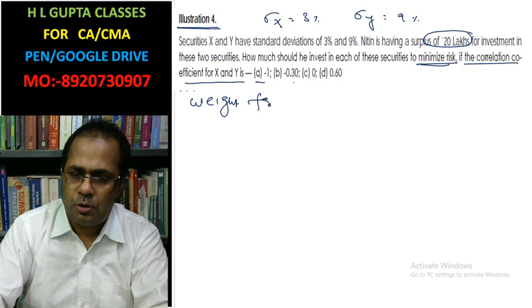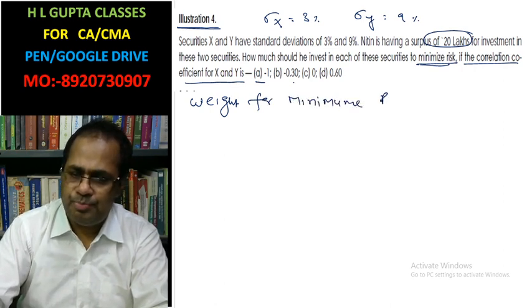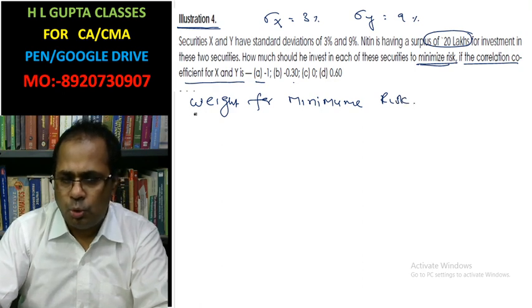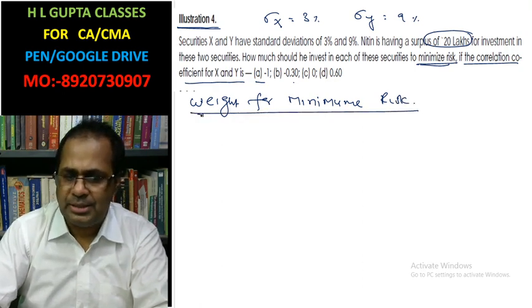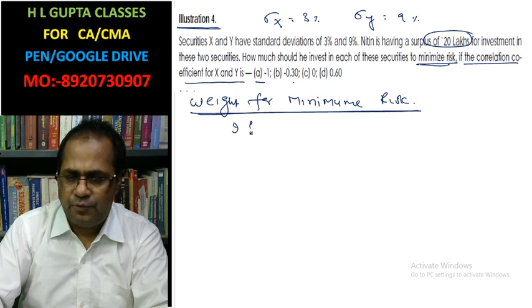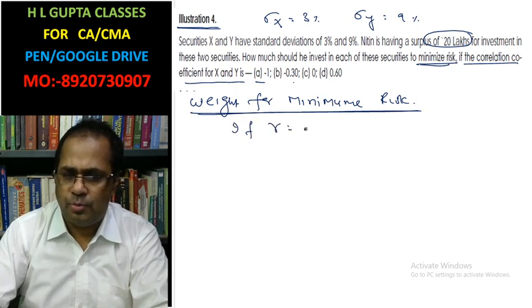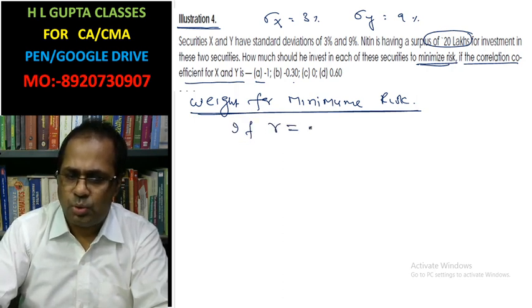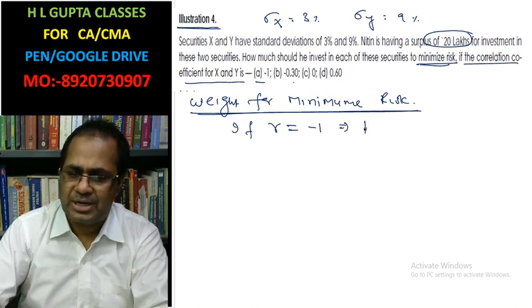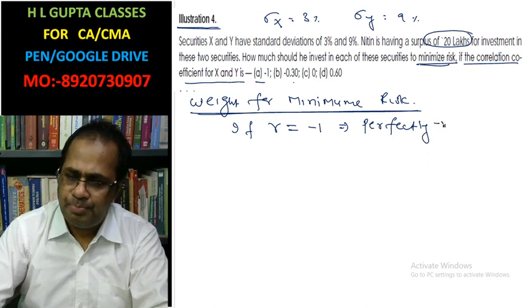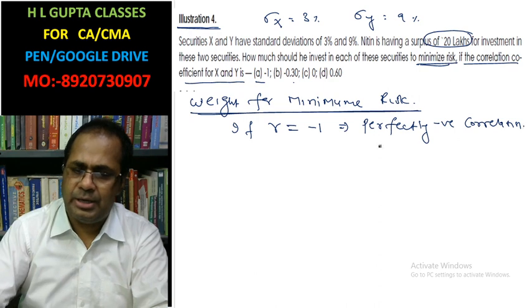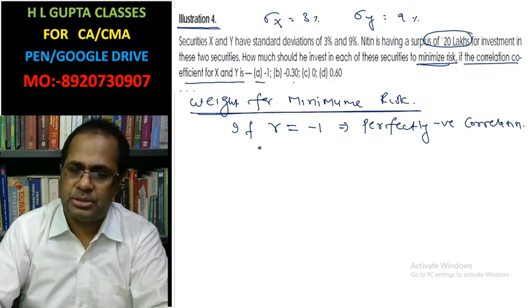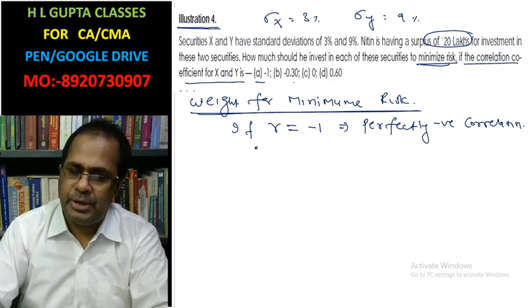The weight for minimum risk formula: if r equals -1, this is said to be perfectly negative correlation.